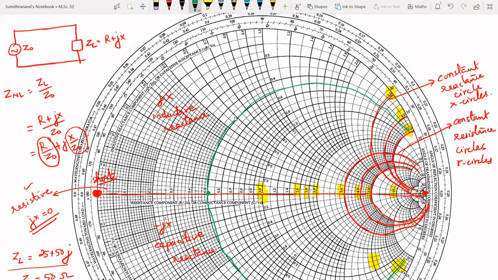So first you have to identify the curve having a reactance value of 1. Here you can see 1. So let us draw that reactance circle. I am drawing that reactance circle.